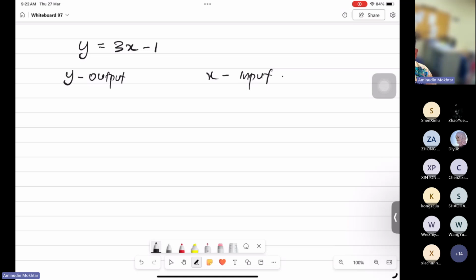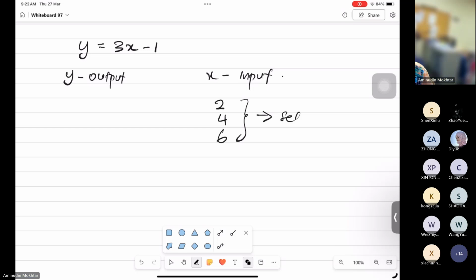What is domain? Domain is the set of numbers of input. Let's say x could be x equal to 2, x equal to 4, x equal to 6. We can refer to this as a set of x, the set of input elements: x equal to 2, x equal to 4, and x equal to 6. So this set is also known as a domain.